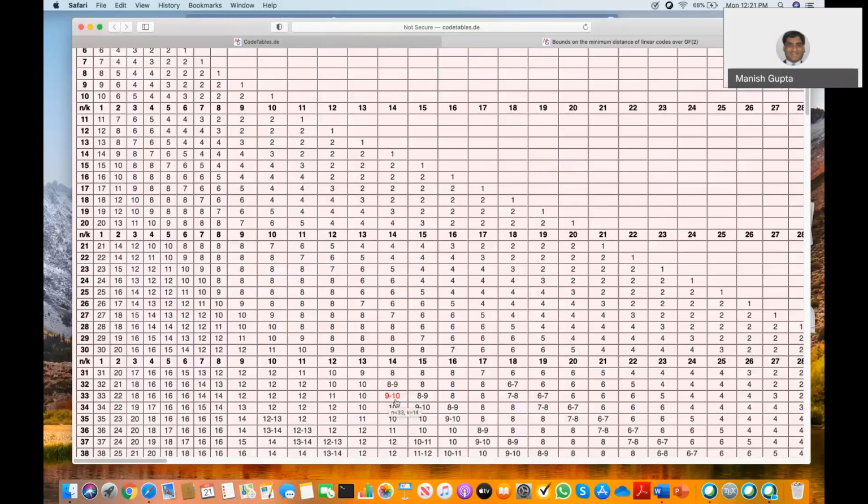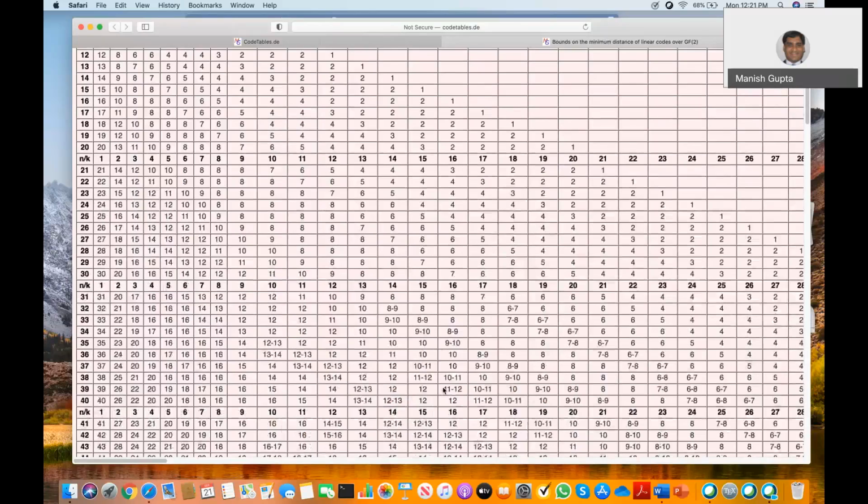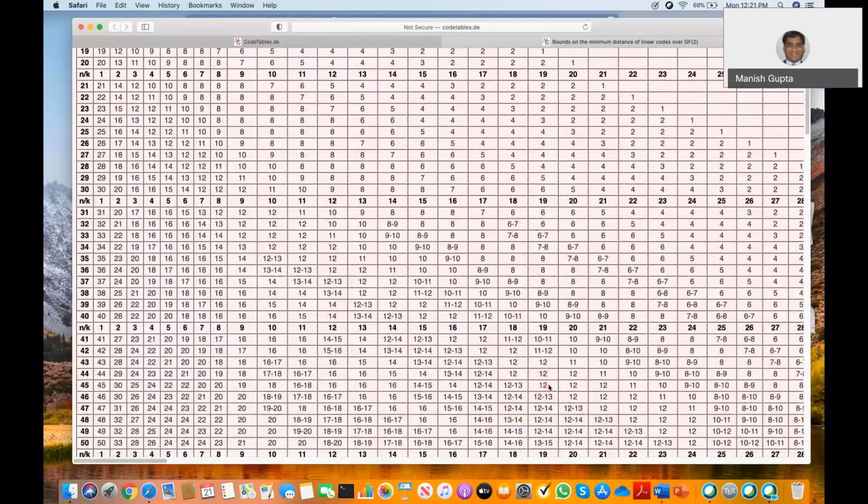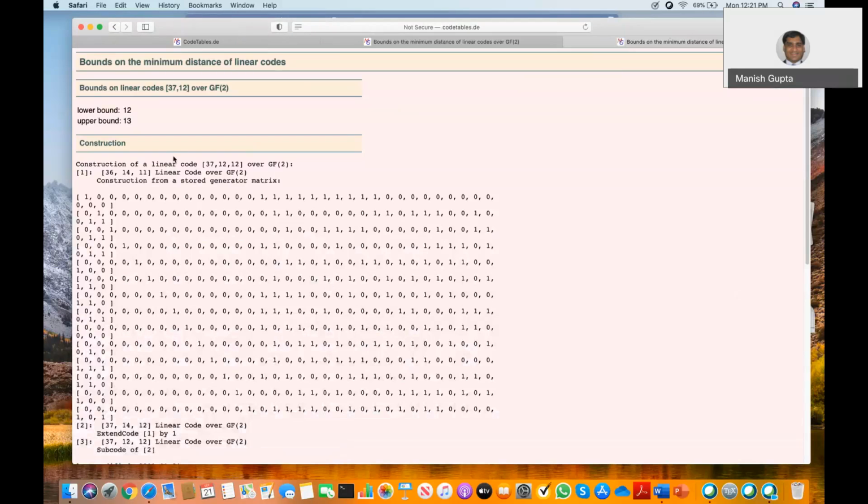Similarly, 9 to 10 is an open case. 6 to 7 is an open case. 12 to 13 is an open case. All these are open cases. So if you go a bit further, you can see more upper and lower bounds are given. These are the exact values, but here you can see that lower bound is 12 for the distance and upper bound is 13.